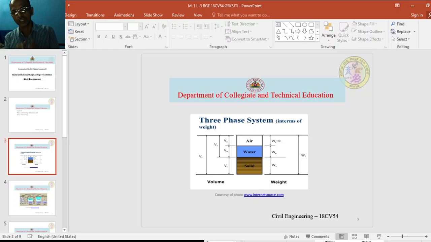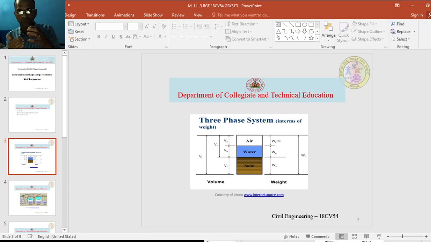Now, if it occupies some volume, definitely it should have some weight. Therefore, the weight of soil solid we call Ws, whereas water will also have some weight. Even though density is 1 gram per cc, it should have some weight. Therefore the weight of water is symbolically represented as Ww, and air will also have some weight.